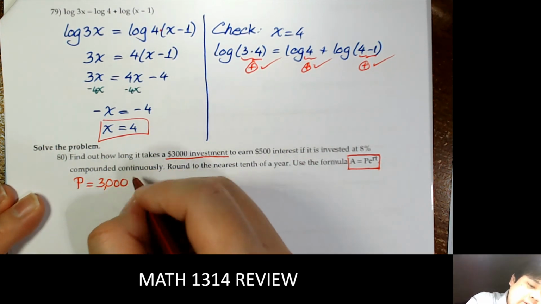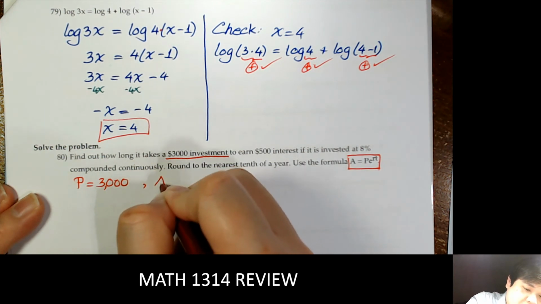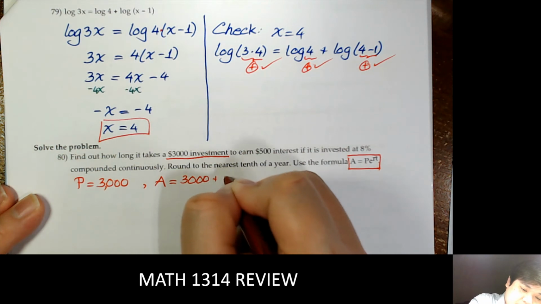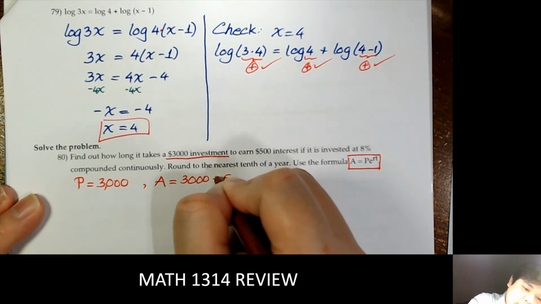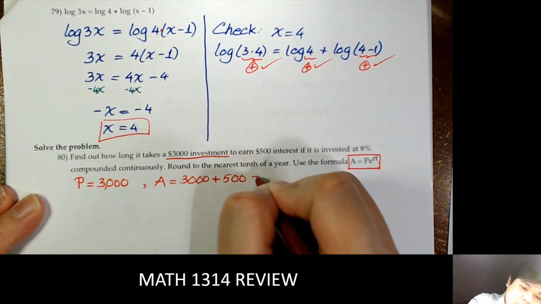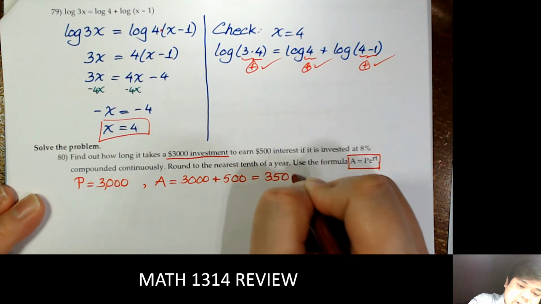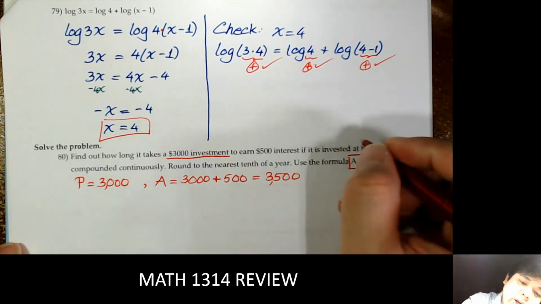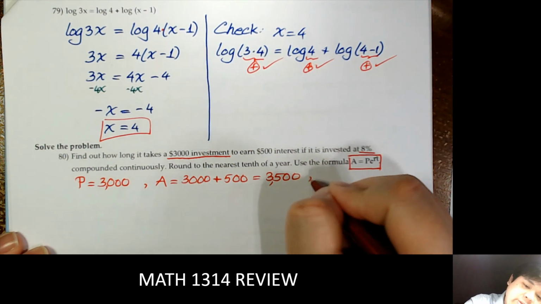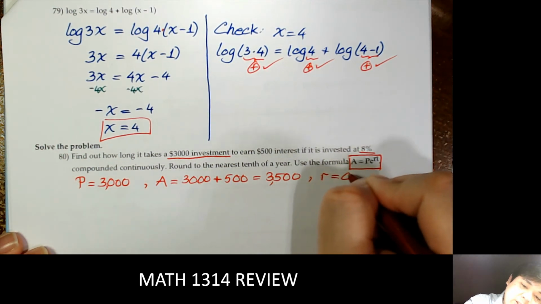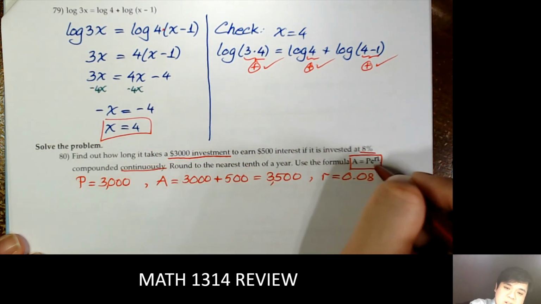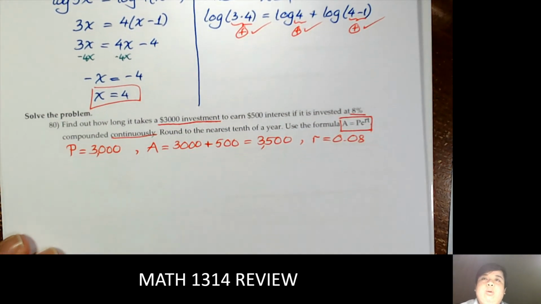And then earn 500 interest, meaning that the future value is the 3,000 initially, and then 500 in interest, 3,500. The investment is at 8%, so that obviously is the rate in decimal, compounded continuously. That's why we use that formula.